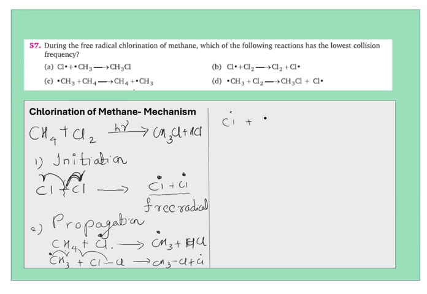This is going to react with the other reactant, that is methane, and again it's going to form methyl chloride and chlorine. So the maximum number of reactions taking place is in the propagation, where the reactant methane is going to react with free radical to form our major product, that is chloromethane. That's why it's called propagation. The reaction keeps on happening.